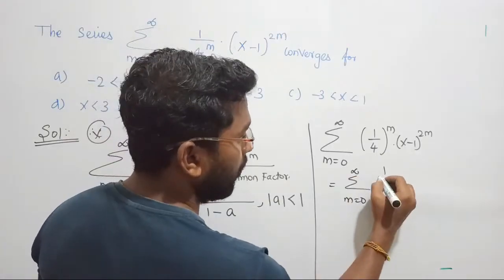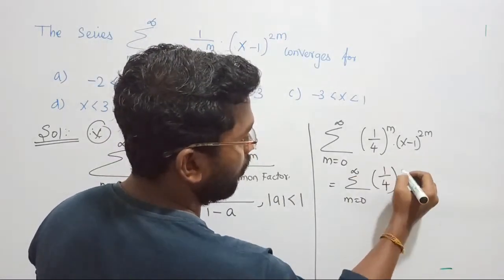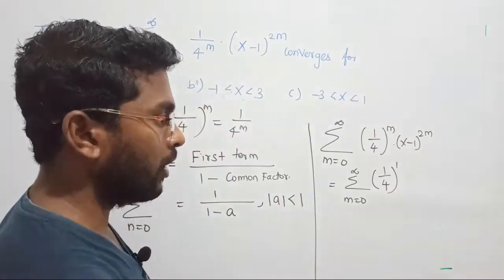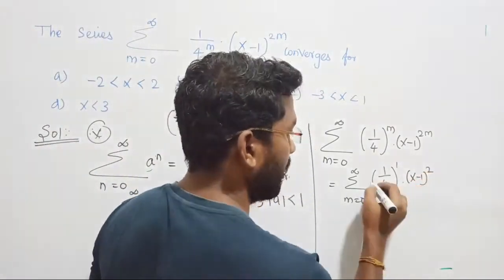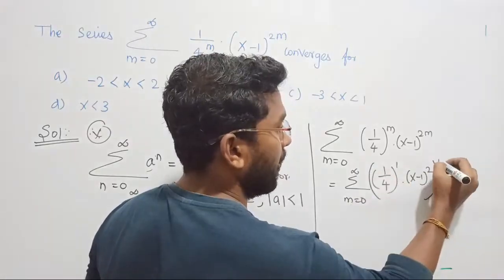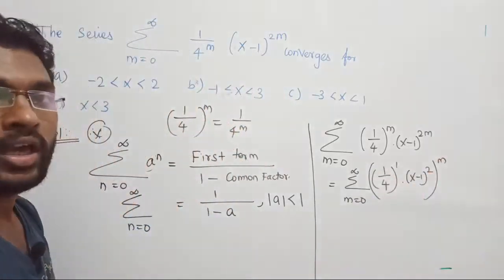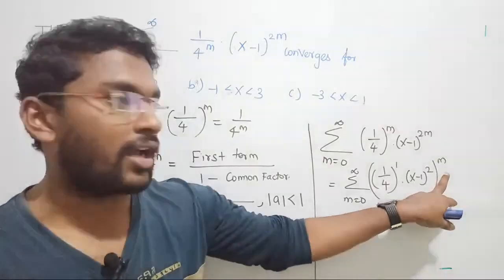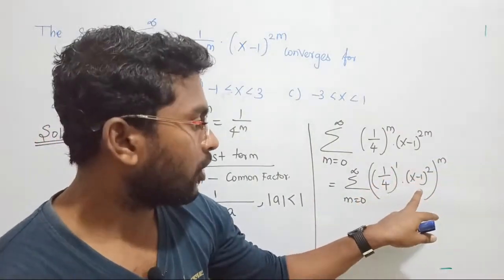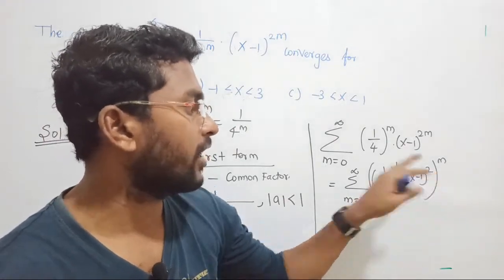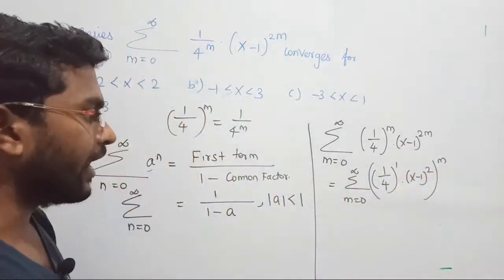Let me write 1 by 4 power 1, dot, x minus 1 whole square. Let us consider whole power m. Is there any mistake? No. If you pass this m inside, you will get 1 by 4 whole power 1 into m, which becomes m, and x minus 1 whole power 2 into m, which becomes 2m only.